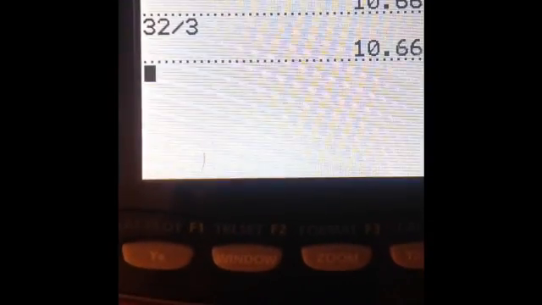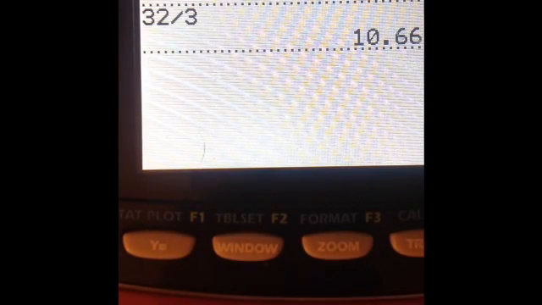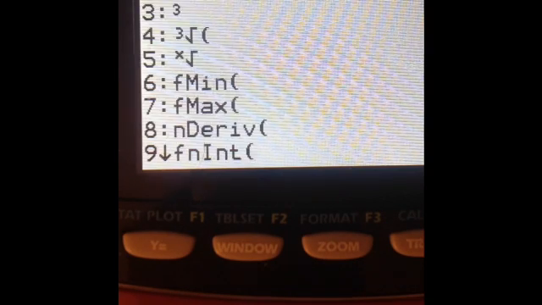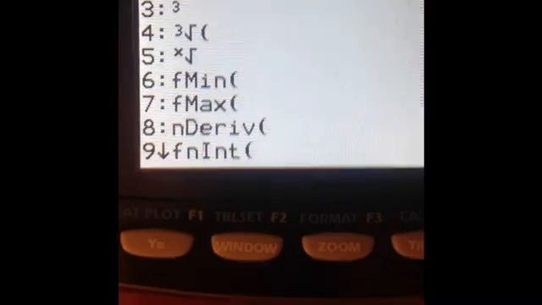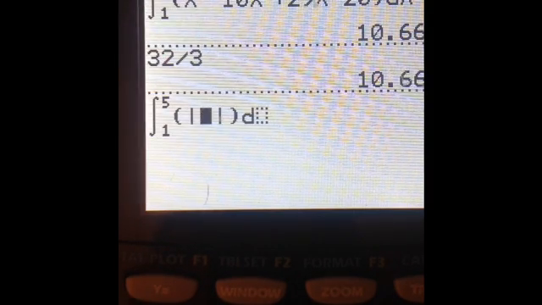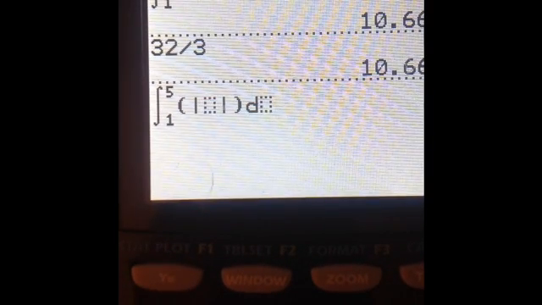Now, let's try part B, the distance. So you're going to do Math 9 again. And we're going from 1 to 5. But we need to put our absolute value bars, so you're going to do Math, arrow over to NUM, then pick number 1, the absolute value bars. Now we're going to type exactly what we did before.